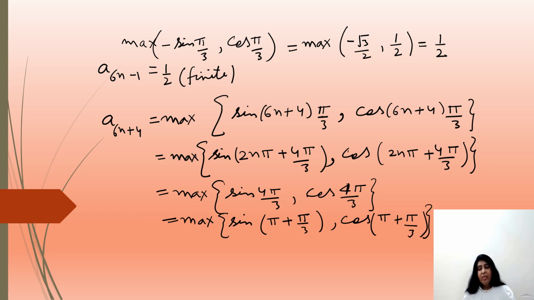This is the third quadrant, pi plus pi by 3. In the third quadrant sine and cos both are negative, so this will be minus sine pi by 3 and minus cos pi by 3.